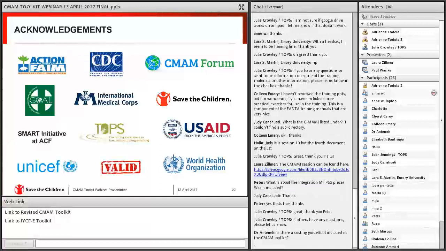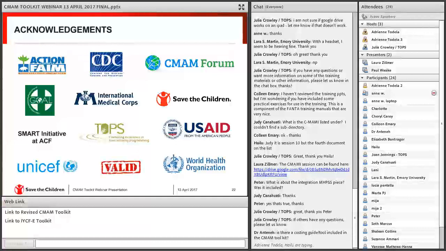IMC, for those of us who are aware of the technical rapid response team, the CMAM advisor was part of the revision process as well. I've mentioned the smart connection with SCF. UNICEF, of course, we know UNICEF has many guidelines out there. Their participation was great.